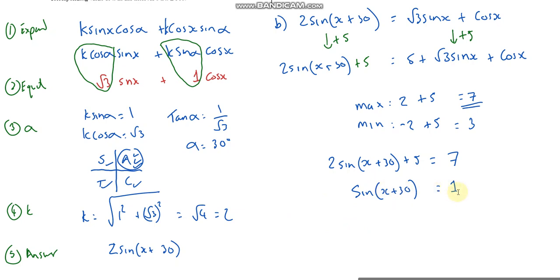Where's my sine function at its maximum? Okay, well, let's have a think. That is my sine function at maximum. It's maximum there at 90 degrees. So if I do inverse of sine, I'm going to end up with this is equal to 90 degrees. But I've moved it over 30, so I have to take off the 30. So that's going to be 60 degrees.